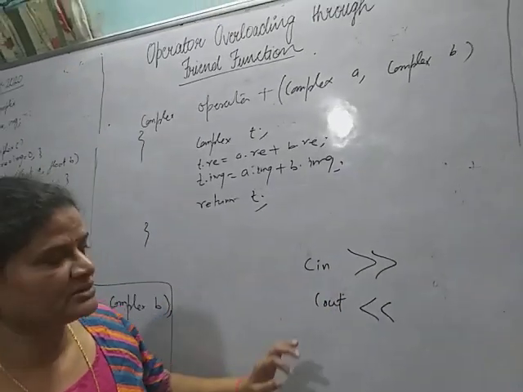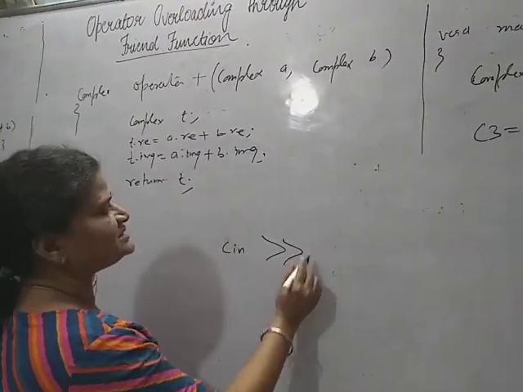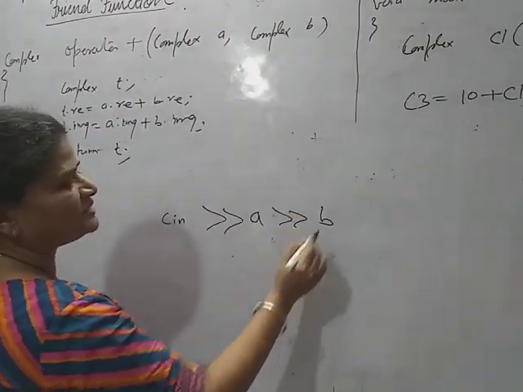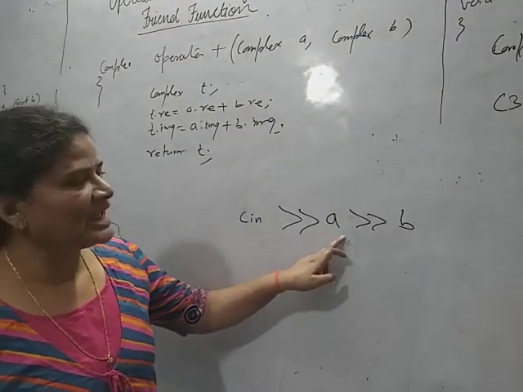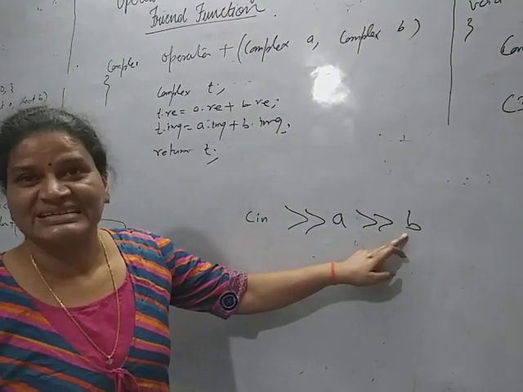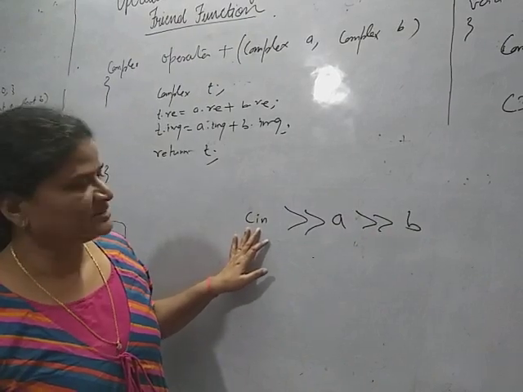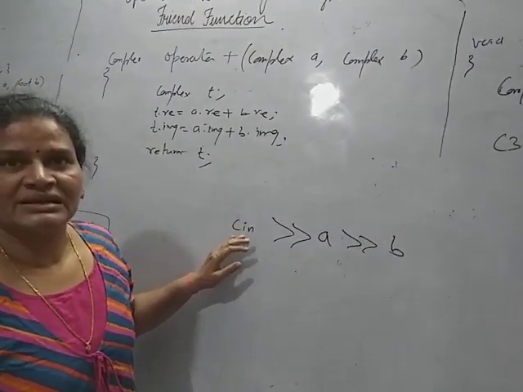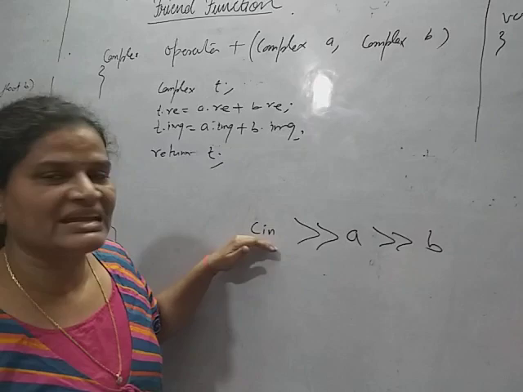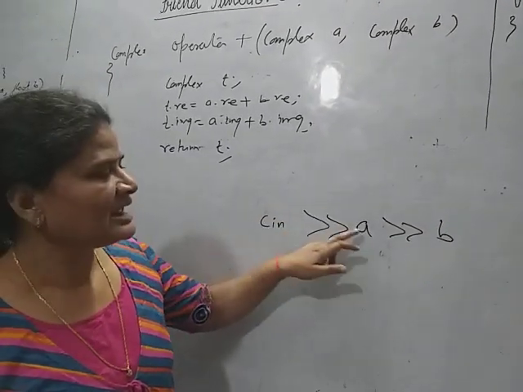When we write cin a b, if a and b are basic data types, the compiler knows how cin works with a and b.